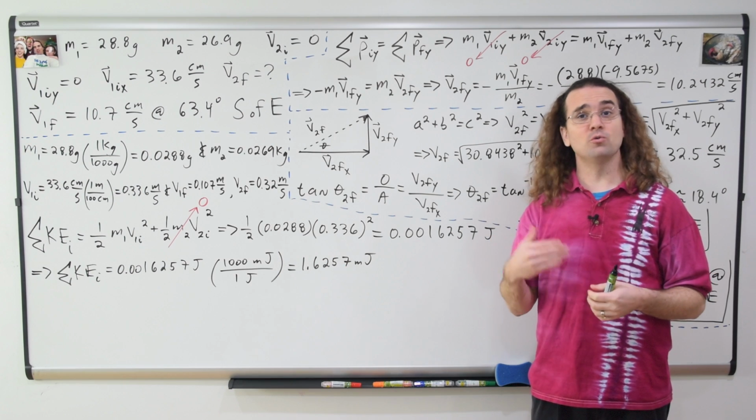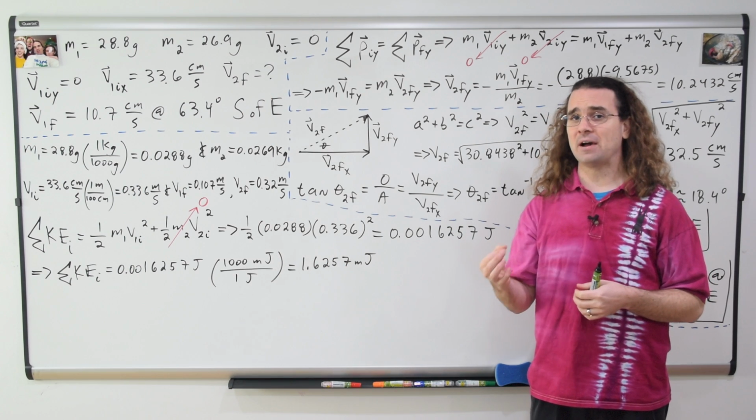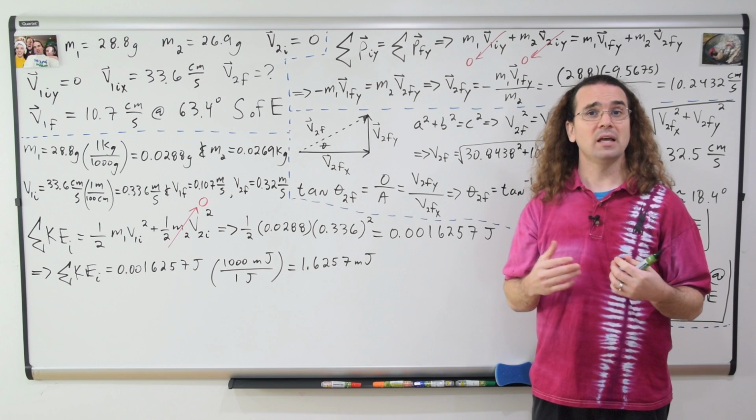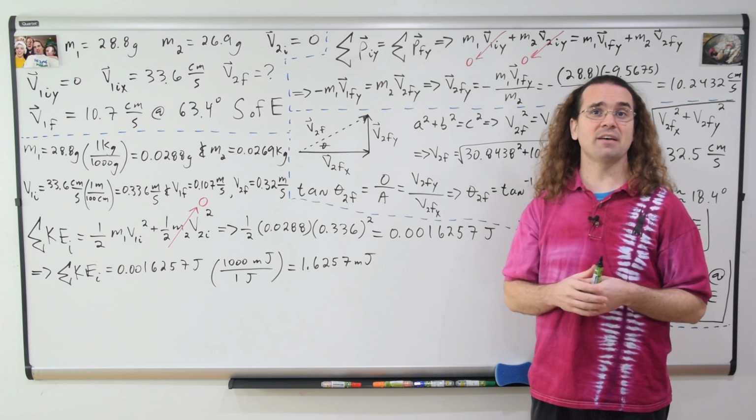Which we can convert to millijoules by multiplying by 1,000 millijoules over 1 joule, and we get 1.6257 millijoules.